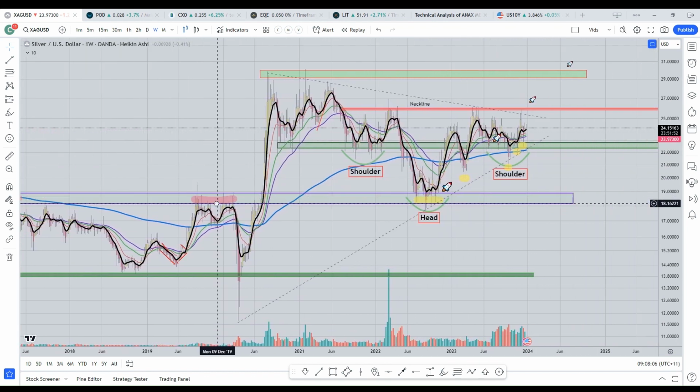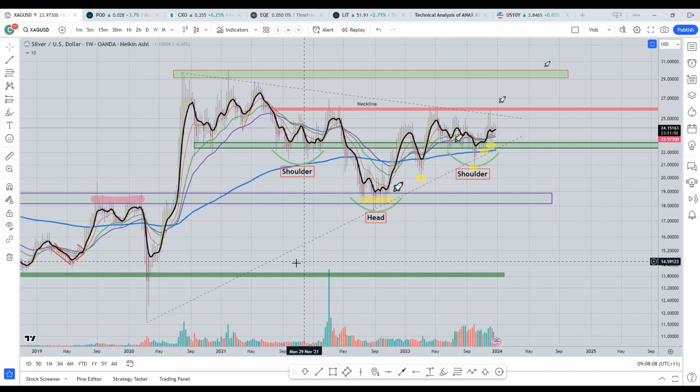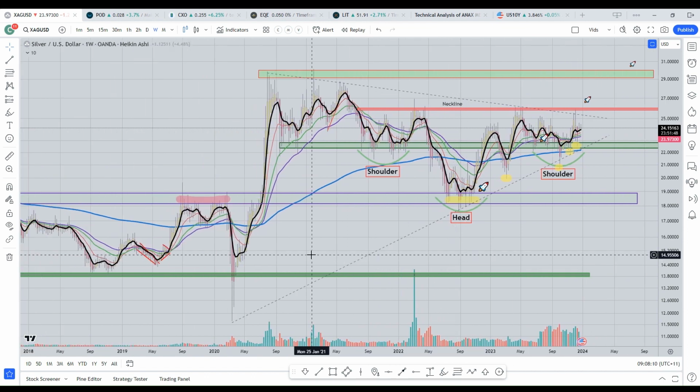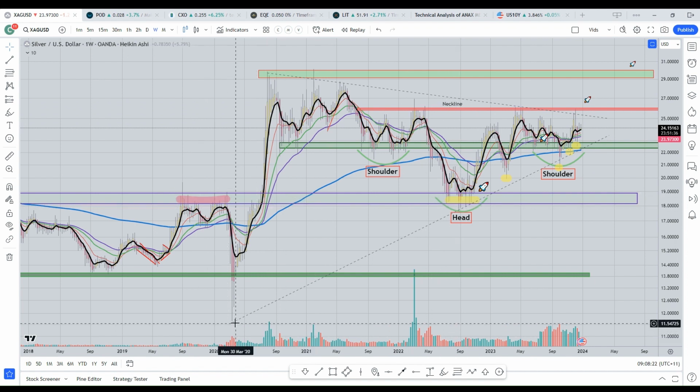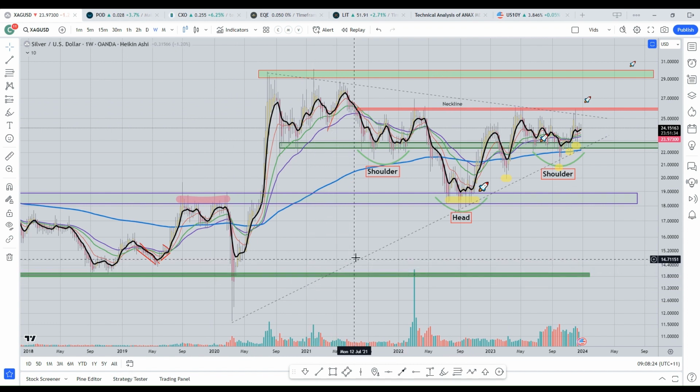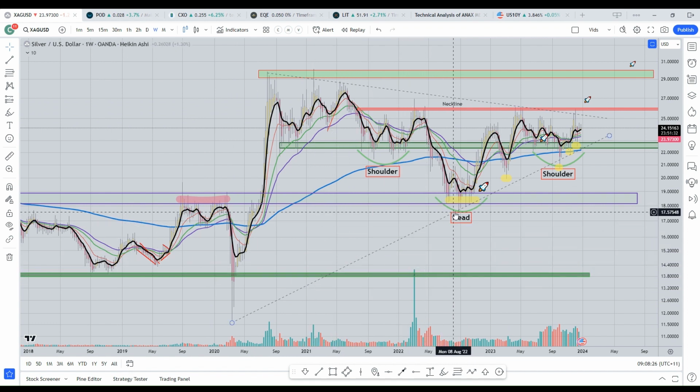Let's move forward. I'm going to zoom this out a little bit too so we can see it more clearly. So here's those points that we had in red that were resistance. You'll notice that once we broke out, now it became support down here. So we switched from resistance to support. And we had this upward trend. Now, this was not possible to place at the time because we had no reference point in order to have it touch certain price levels.